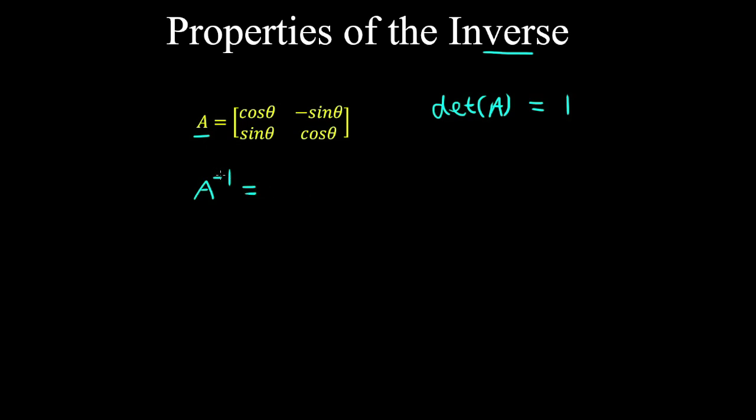So the inverse is the reciprocal of the determinant, which is 1, multiplied by this 2 by 2 matrix, with the cosine thetas being swapped, and the entries off the diagonal are negated. So we can see this matrix is orthogonal because it's equal to the transpose of A.